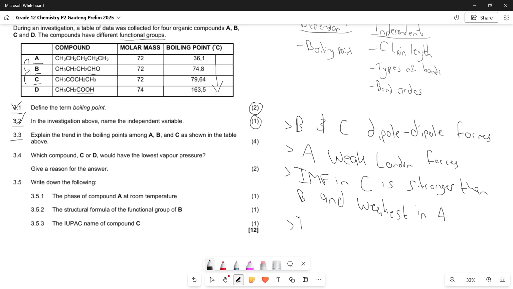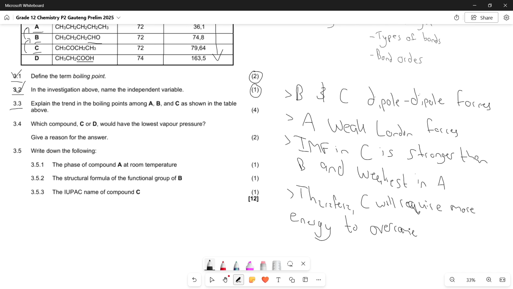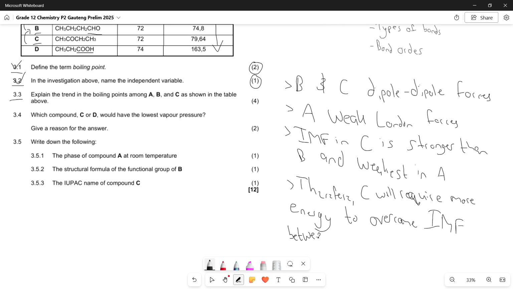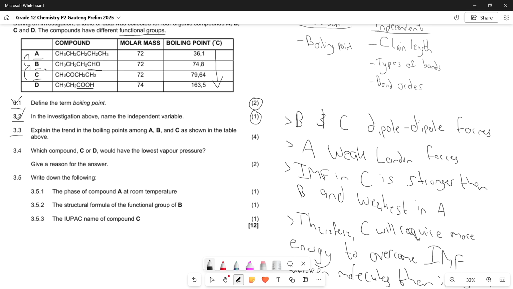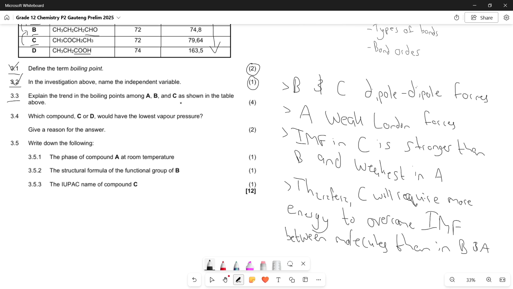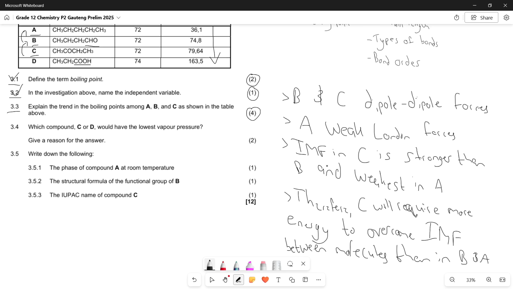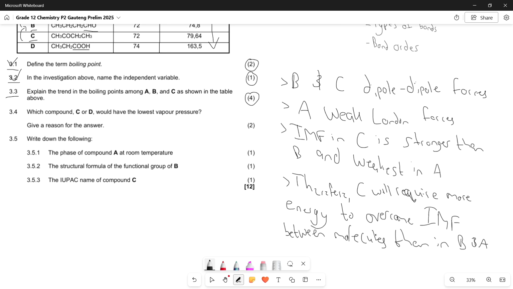And we say, therefore, C will require more energy to overcome the IMF, to break the intermolecular forces between molecules, than B and A. So more energy is required to overcome the IMF in C compared to B and A. That would earn us 4 marks, and it is the standard trend they want when comparing different molecules with different functional groups: saying which intermolecular forces they have, which one is stronger, and therefore more energy is needed to overcome the intermolecular forces of the one with the higher boiling point.